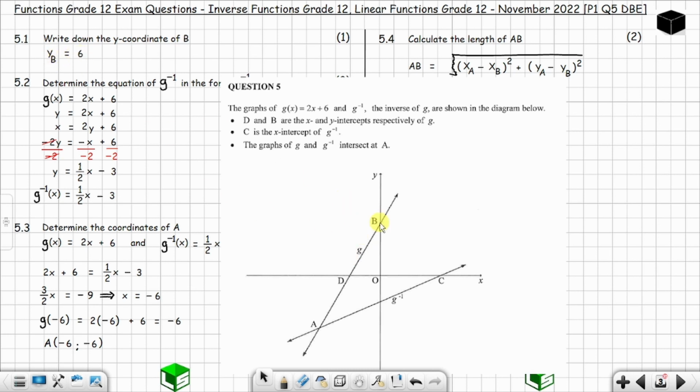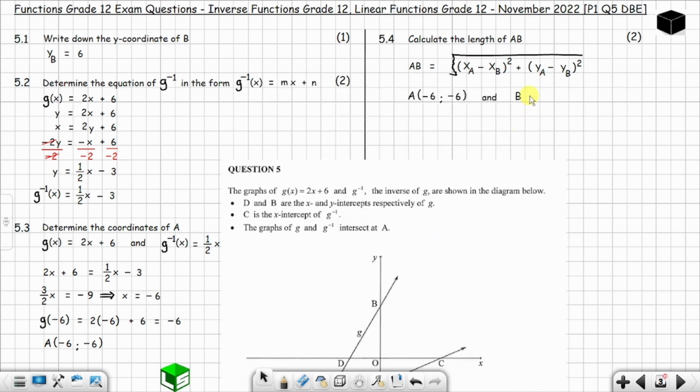So at the y-intercept, x is equal to 0, right? So the coordinate of B are 0 and 6. Okay, so these are the coordinate of B. You can see from the equation that the coordinate of B are these.